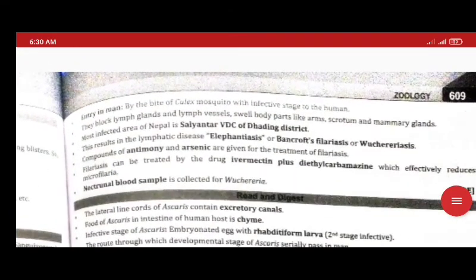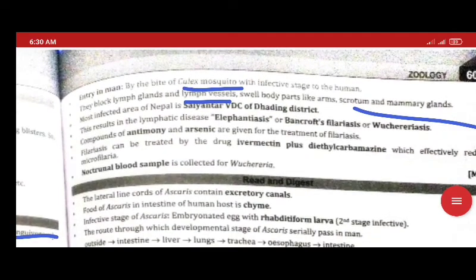Now entry in man is through the Culex mosquito, and the affected parts are lymph vessels or lymph glands. The scrotum and mammary gland can also be infected. This disease is called elephantiasis, meaning the leg looks like an elephant's due to deposition of lymph in the leg.